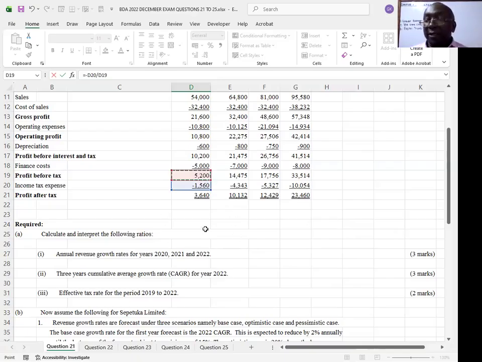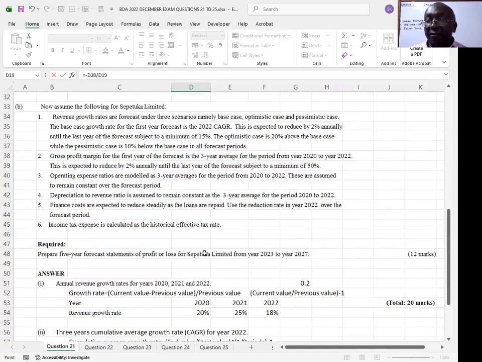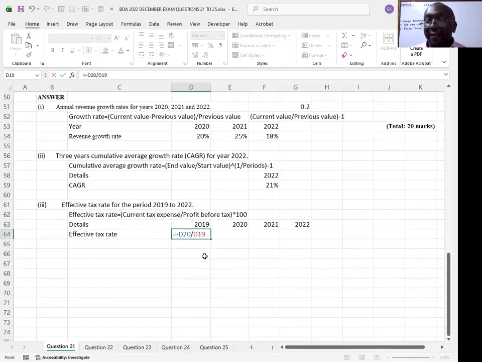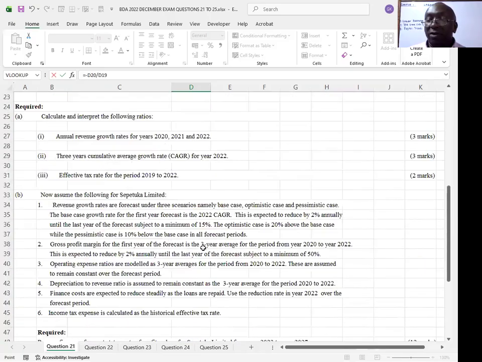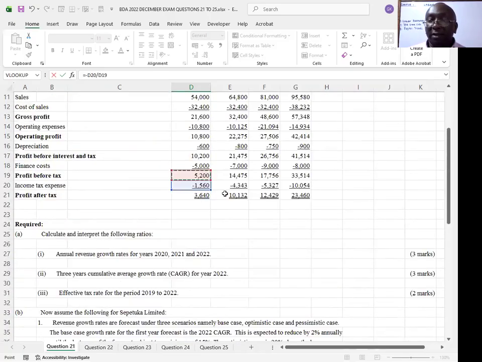So I'm saying, there is something you have said, you change the negative to positive by typing negative sign, because this value is negative. So you first of all type negative, then you click on this tax.